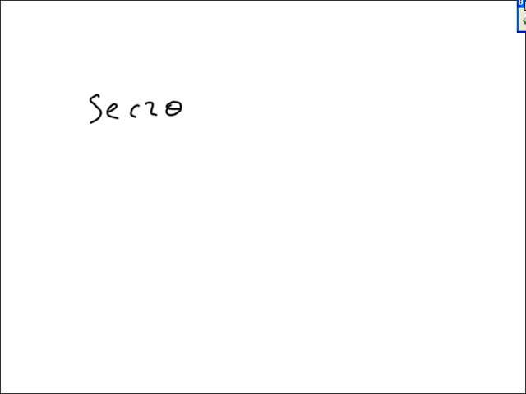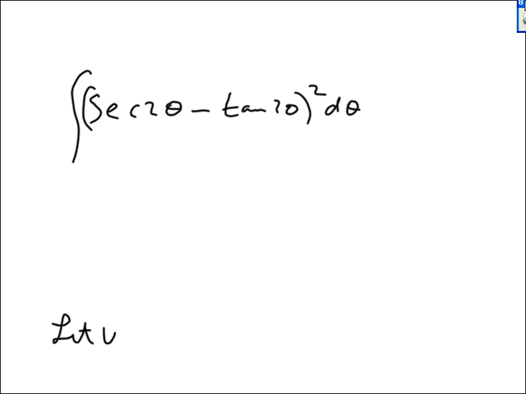The secant of 2 theta minus the tangent of 2 theta all squared, and we want the integral of that times d theta. Well, like I've been saying, let the angle, which is 2 theta, equal u. Well, then du will be 2 d theta.